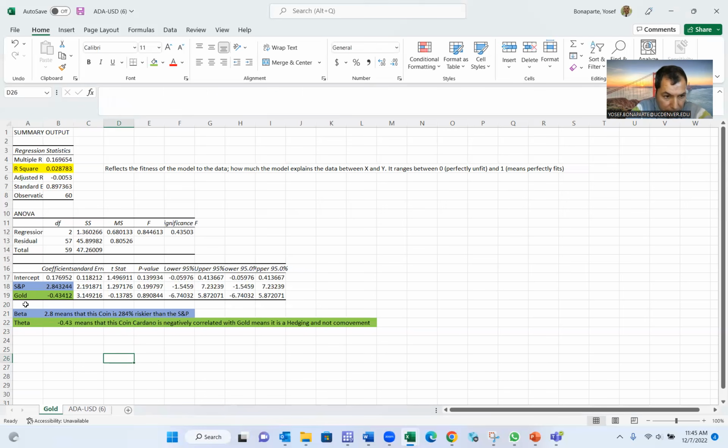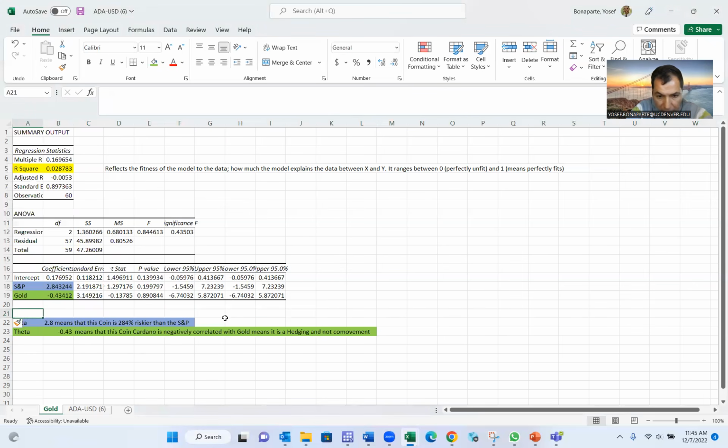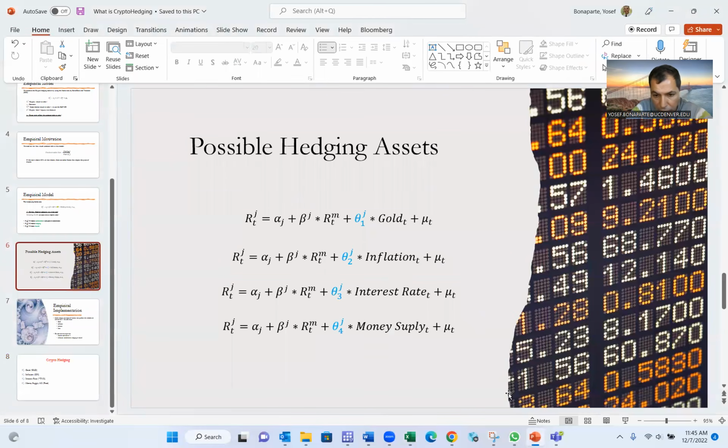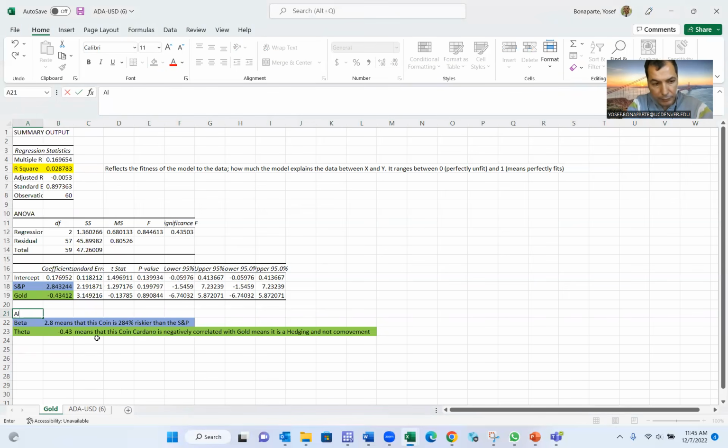Now, the intercept here, I forgot to mention it. I mentioned it a little bit. That's alpha J in our analysis here, so alpha Cardano in this case. In this case, alpha is positive, equal to 1.1769, meaning a higher return than the S&P and gold markets.